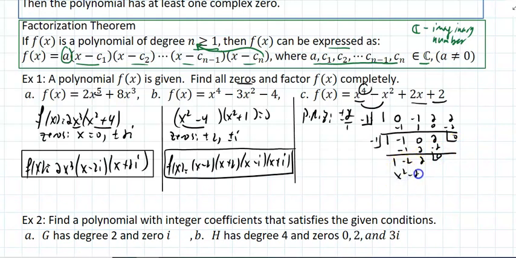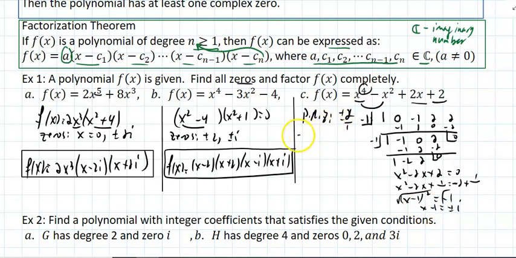This is x squared minus 2x plus 2 equals 0. So x squared minus 2x, take half of the middle number and square it, that's a 1. So this is x minus 1 squared equals negative 1. When I square root both sides, I get plus or minus i.